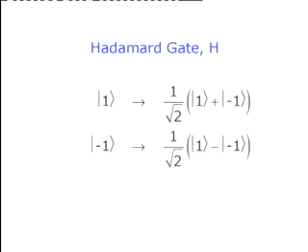The Hadamard operation is, like the NOT operation, a square root of the unit operation. It's its own inverse. But unlike NOT, it doesn't have a classical analog. By the way, the square root of 2 factor is just there to normalize the states.